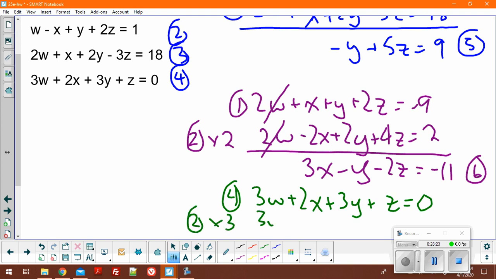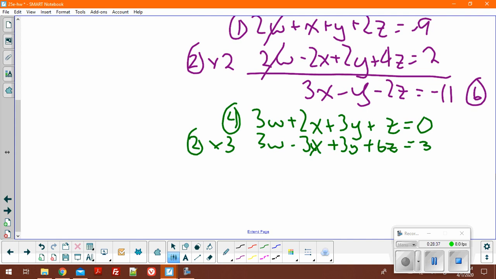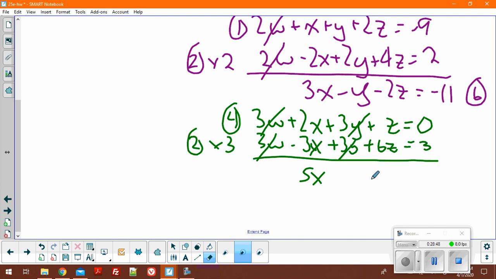So I get 3w minus 3x plus 3y plus 6z is equal to 3. Let's cancel. 5x, the y's cancel. Well, that's minus 5z is equal to -3. Equation 7.